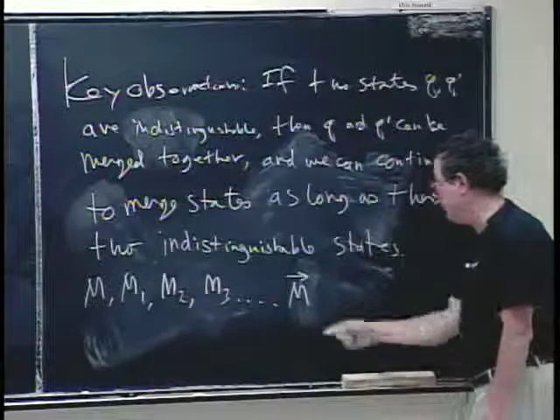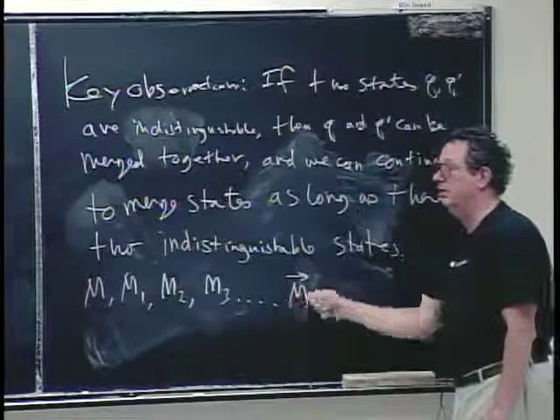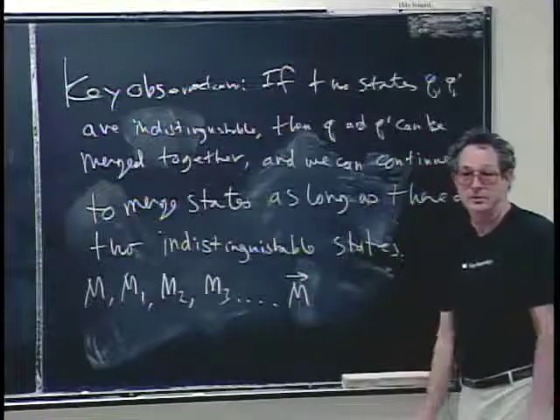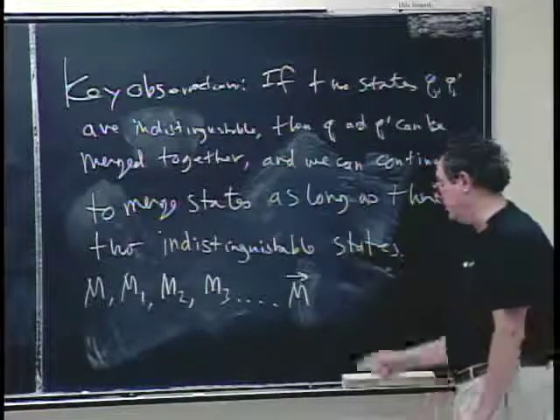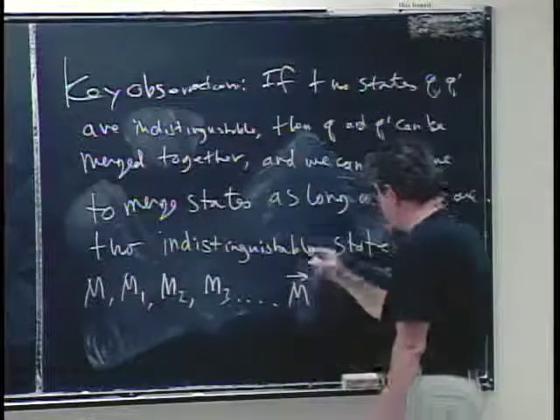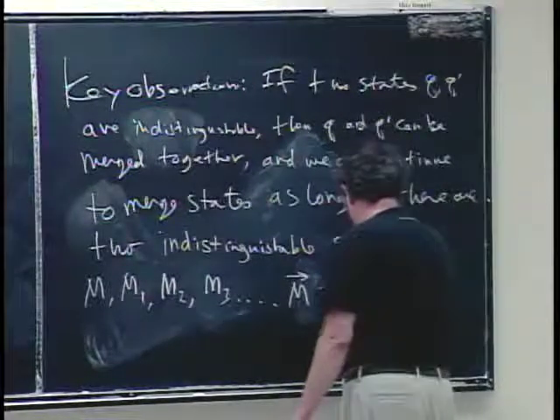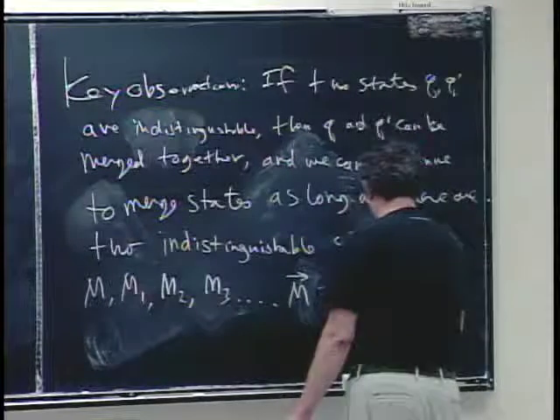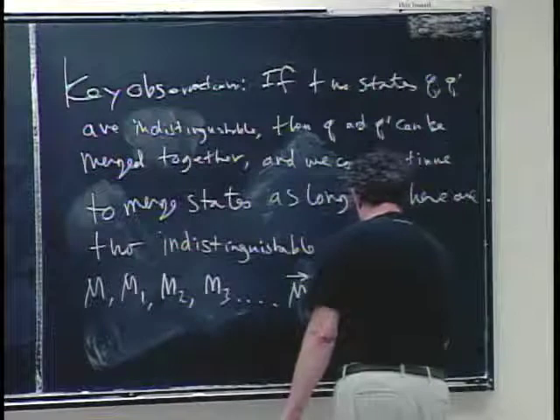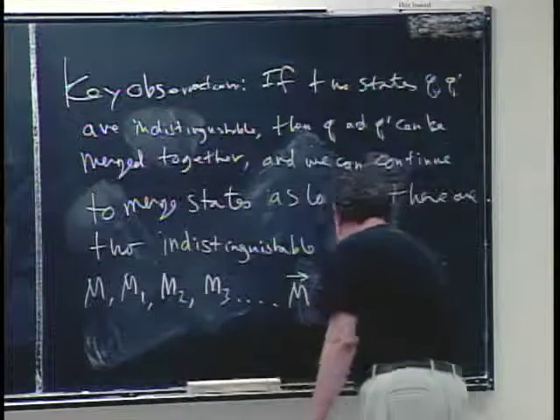It comes out well. We have a DFA that has no further indistinguishable pairs of states. So in M arrow, all pairs of states are distinguishable.